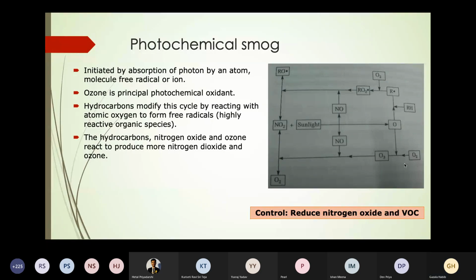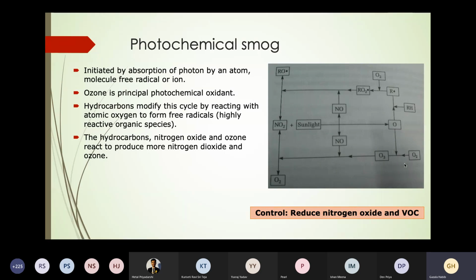Photochemical smoke, we have already learned about it. But one thing I would like to mention here is, again, ozone is the strong oxidant, or principal oxidant, which plays a role in photochemical smoke formation.